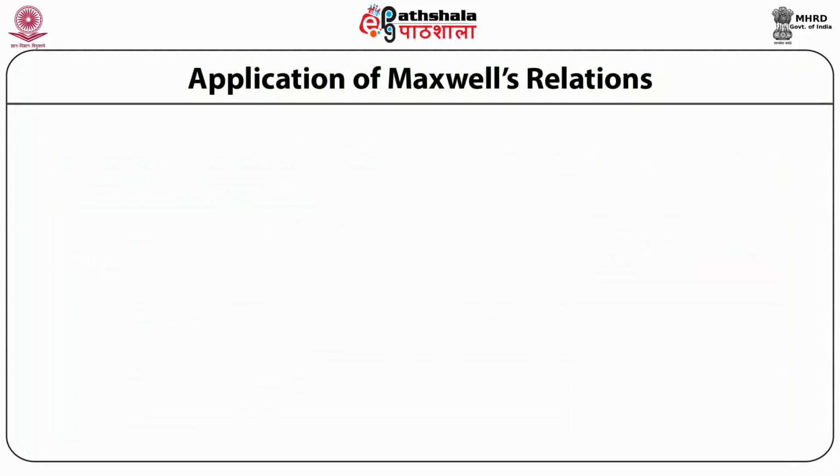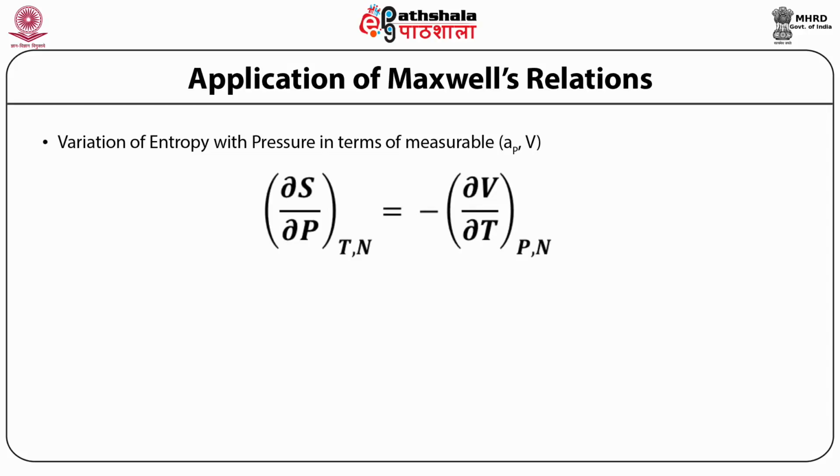Let us look at the variation of entropy with pressure in terms of two measurable quantities alpha P and V. We start with the relation delta S upon delta P at constant temperature and number of particles is equal to minus delta V upon delta T at constant pressure and constant number of particles.